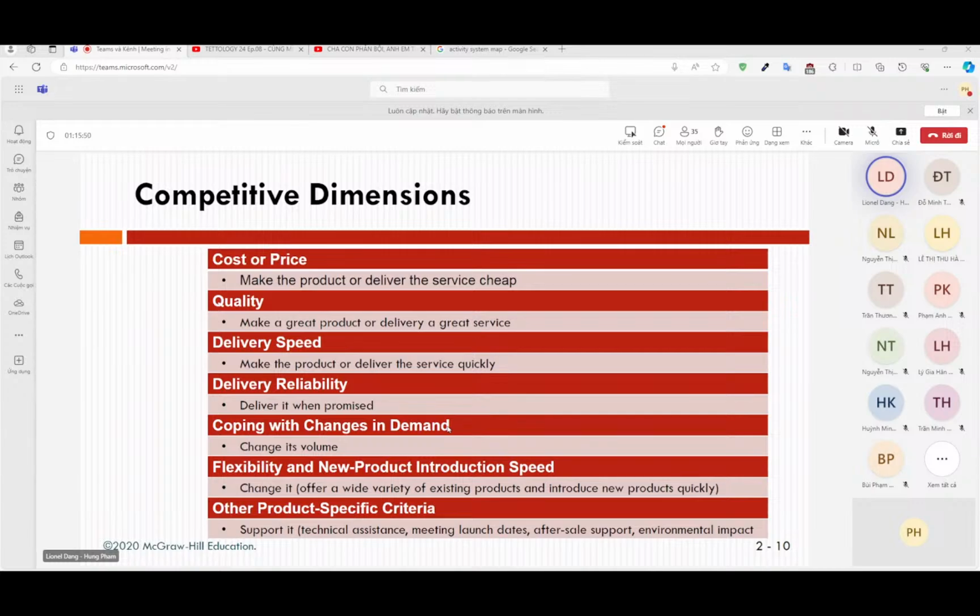For example, if for this holiday we want to build drinks for the season, that is also coping with the change in the demand. That is also the flexibility and new product introduction speed. Anything else?